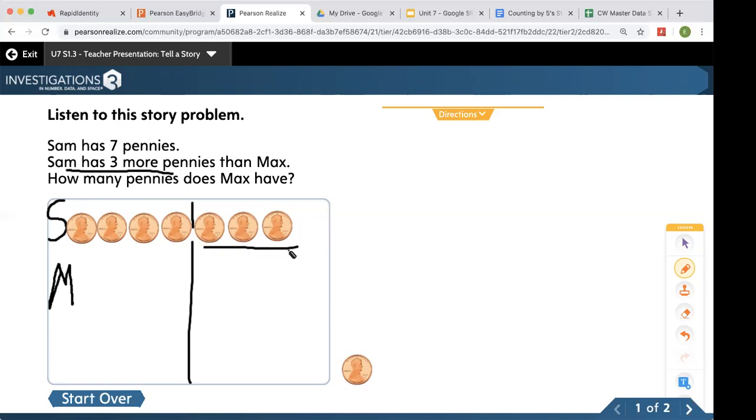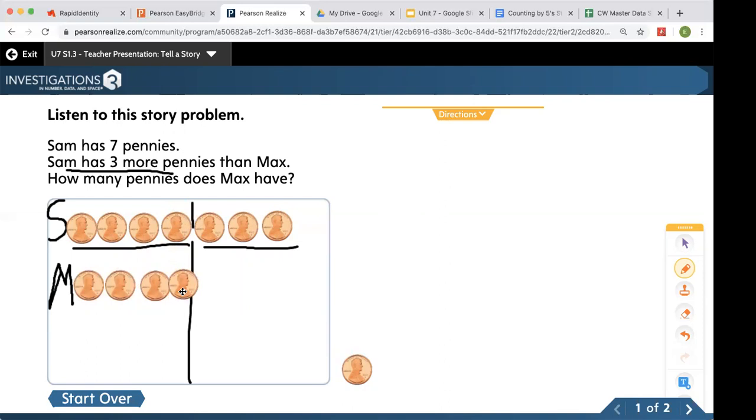And so that tells me that Max has to have this many. So Max has 1, 2, 3, 4. So Max has 4 pennies.